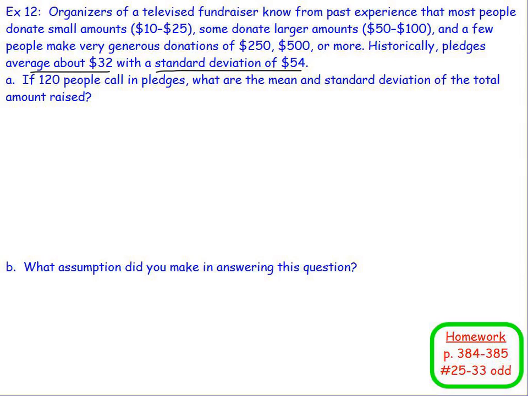So we know the average, we know E is 32, and we know the standard deviation is 54. What we don't know is the variance. So we're going to quickly take 54 and we're going to square it, and we get 2916. So we have 120 people call in pledges. What are the mean and the standard deviation of the total amount raised? So let's start with the mean.